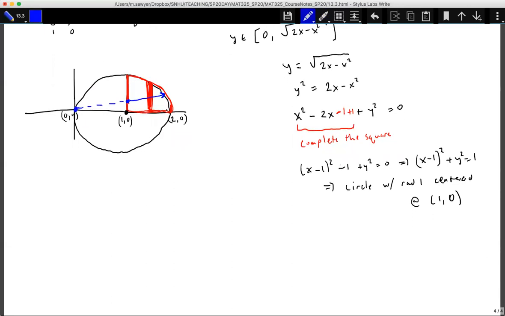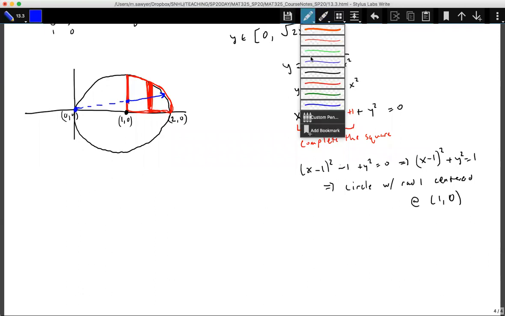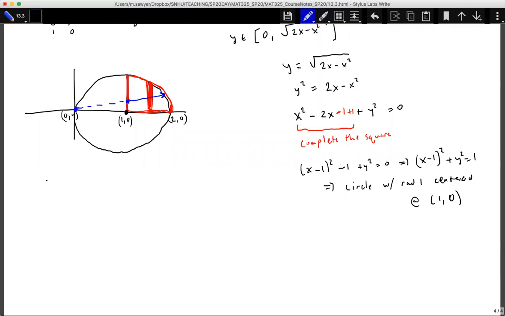So to do this, let's consider the fact that when we were solving for our y squared equals 2x minus x squared, this is equivalent to saying x squared plus y squared is equal to 2x.